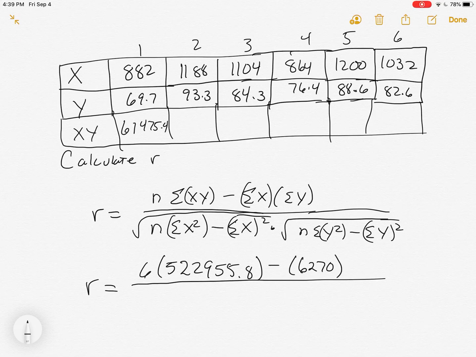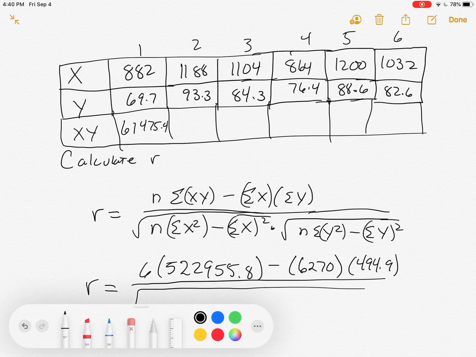Sum of the y's, 69.7 plus 93.3 plus 84.3 plus 76.4 plus 88.6 plus 82.6. And so it's very tedious, I was going to say a little tedious, but it's very tedious, 494.9. And that's all over the square root.